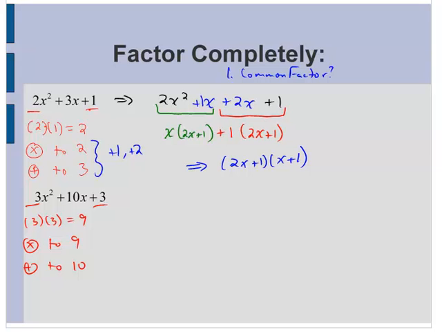Well, let's see. The pairs of numbers that multiply to 9 are 1 and 9, and 3 and 3. The pair that also adds to 10 would be 1 and 9. So we want a positive 1 and a positive 9.